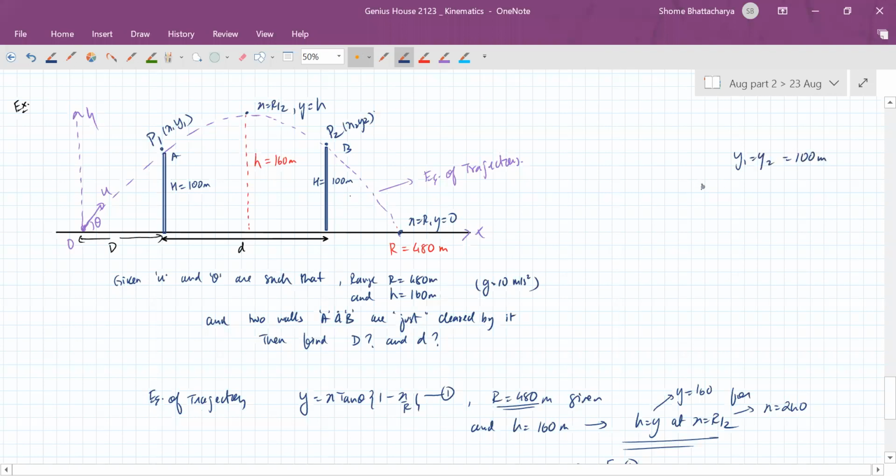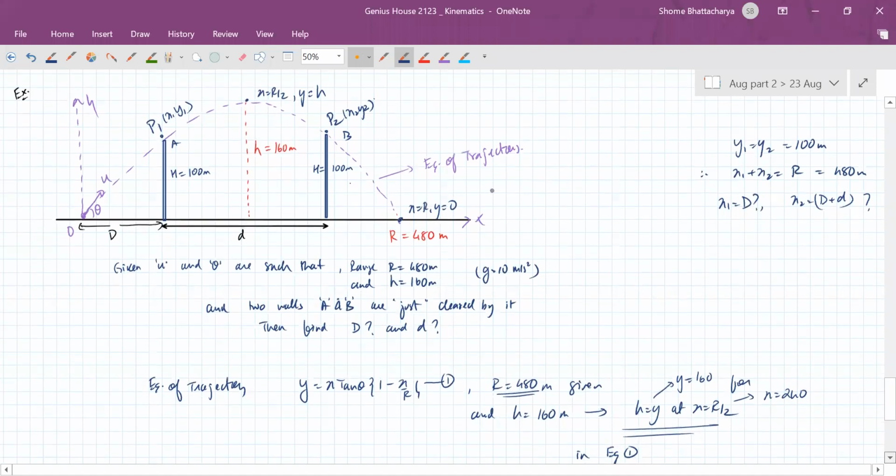Therefore, x1 plus x2 should be equal to R, which should be 480 meters. And x1 only is d. And x2 is capital D plus small d. So from that only we'll get these values. So it's pretty simple now, as you can see.